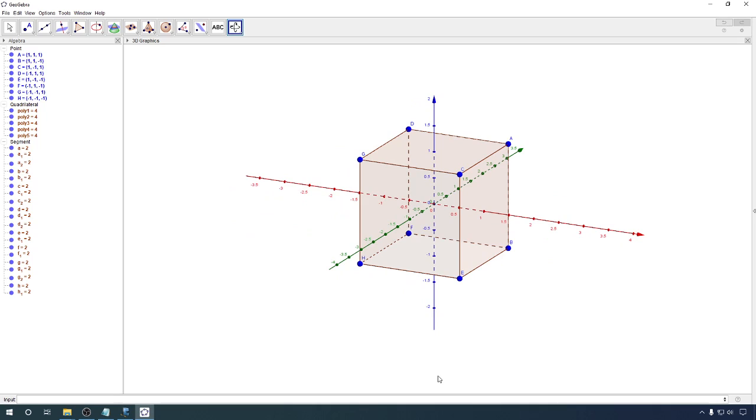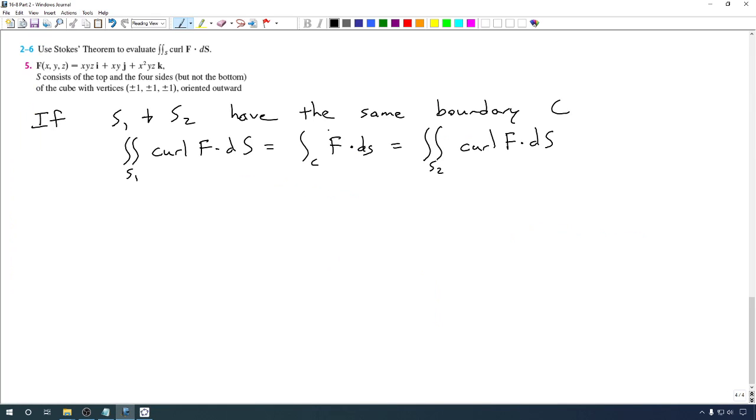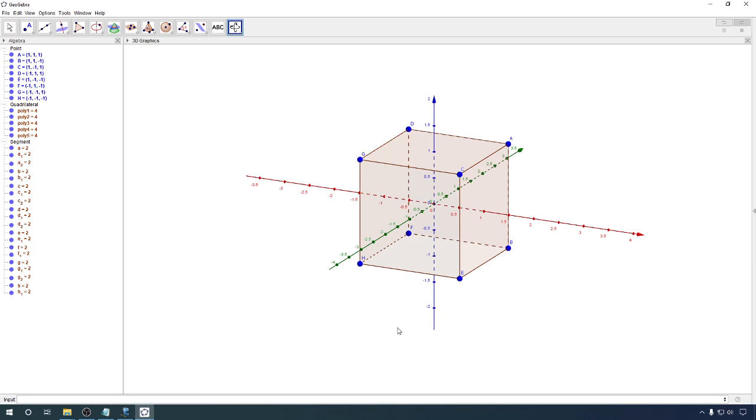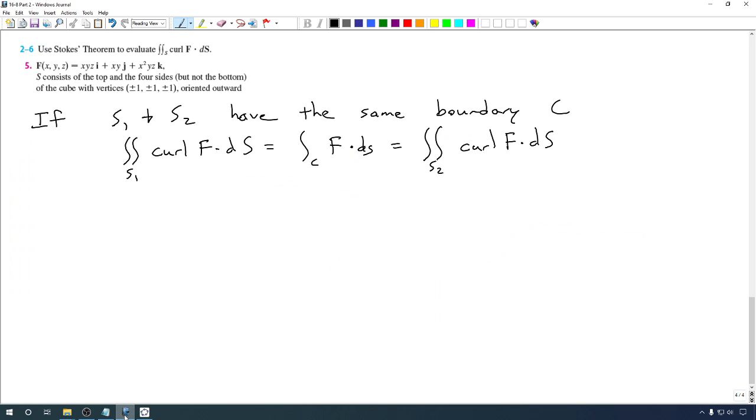And so by Stokes' theorem, and what we just talked about here, as long as we have the same boundary and we're integrating the curl, which we are, that's what they want us to do, then those 2 integrals have to be the same thing. They did name the surface.